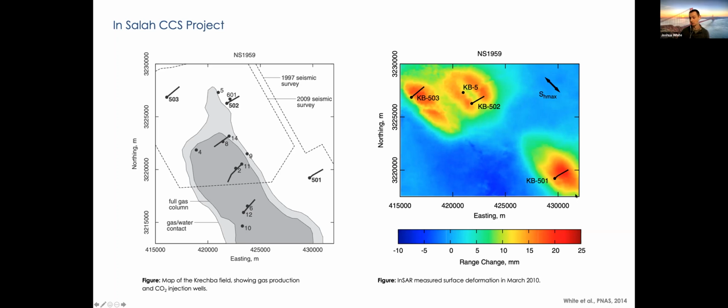And what we saw was immediately above the injectors, there was uplift of about 2.5 centimeters. No one at the surface would be able to detect it. It's quite small, but certainly measurable surface deformation well above the injection well.